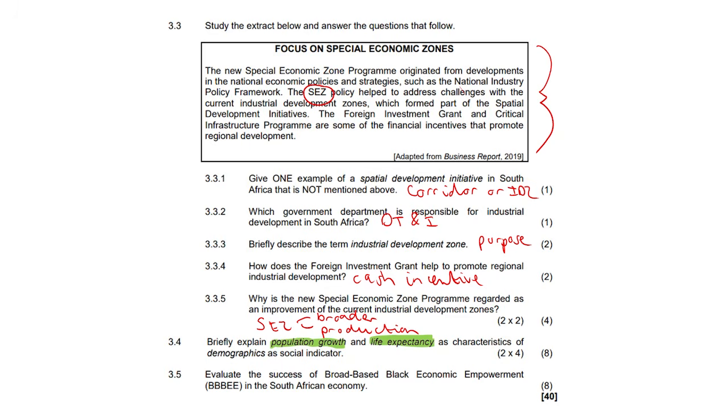Life expectancy, on the other hand, refers to the number of years that an individual is expected to live, and it reflects the average age at which people in the country die. In South Africa, life expectancy is considerably low due to HIV and AIDS and other infections, diseases, pandemics, whatever it may be.